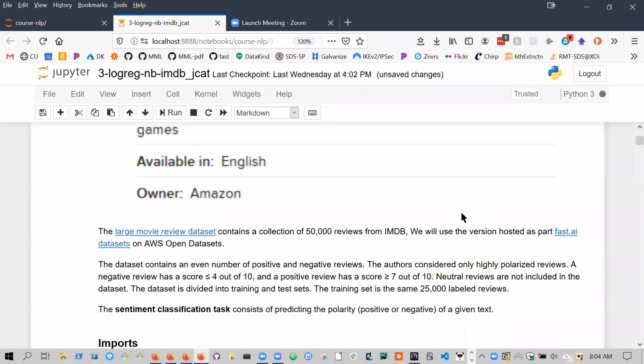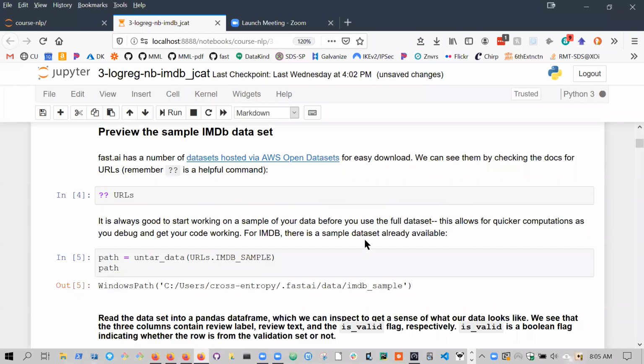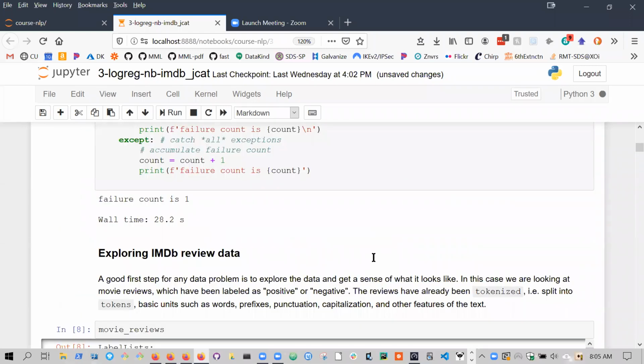And the reason, of course, is that a lot of times the models take a long time to train, and you don't get feedback until the training is completed. With a small subset, you can get this feedback quickly. That's the reason for working with the small piece of the data set first. So the first part is just to get that small data set and start looking at it.